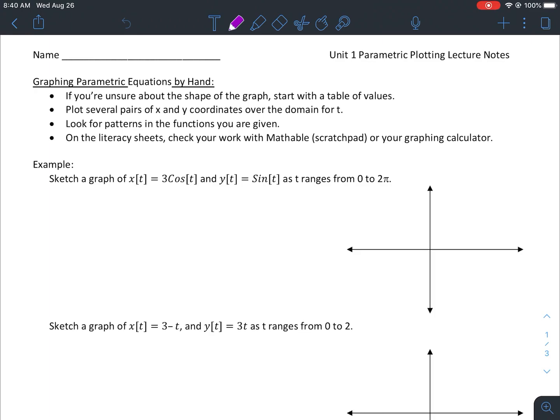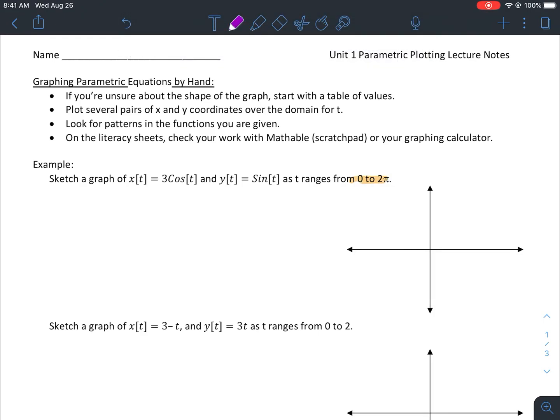It says sketch a graph of x of t equals 3 cosine t and y of t equals sine t. You probably know what that is already. Hopefully we do. We should know that is an ellipse. It's stretched out on the horizontal axis, and it goes from 0 to 2 pi, so that means it is a full ellipse.